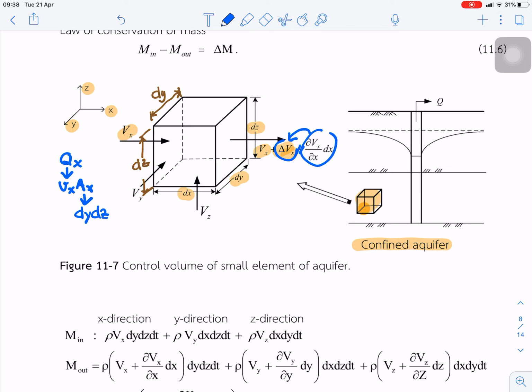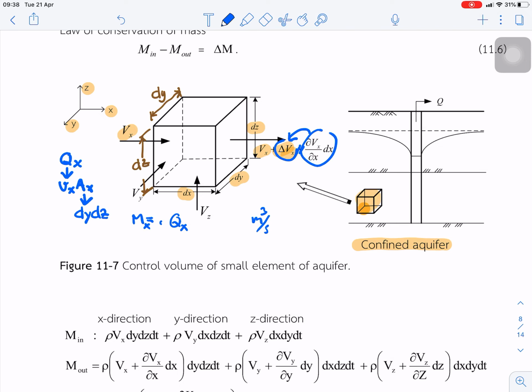Then in terms of mass, if the flow in the x direction is qx, which is cubic meter per second, we want to convert from cubic meter per second to mass.